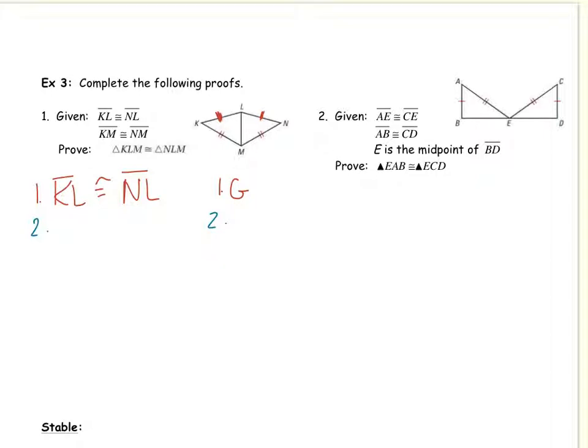And then we have KM is congruent to NM. That is given. So KM and MN is given, so we have that. And the last one is not given to us, but we can see that LM is the same as LM because it's the same line for both triangles. Here, this is the same line for this one, it's the same line for that triangle.